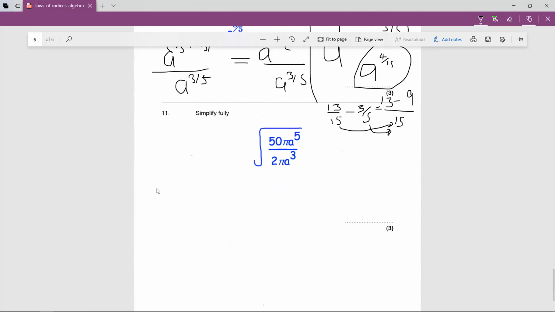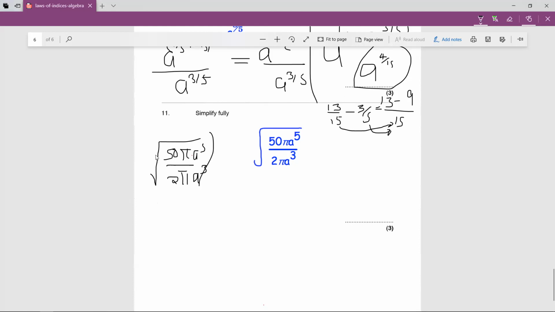There's a square root of 50 pi a power 5 all over 2 pi a power 3. This is a square root sign. So let me just show you how we'll do this maths. Now because this is a square root, it means you can take it up to be a power.